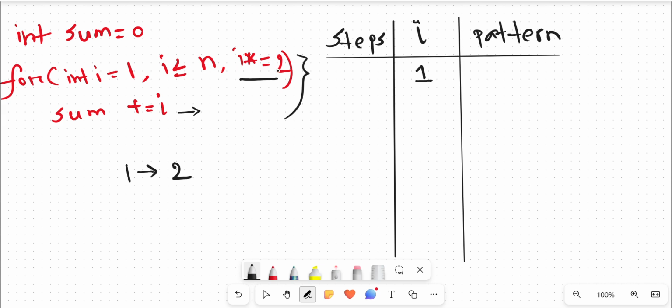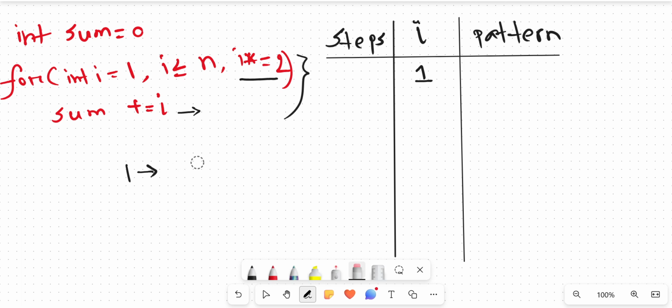It's because i is being multiplied by 2, and in the next step it will be multiplied again by 2, which is 4, and then 4 will be multiplied by 2, which is 8, and it will be incremented in this series.